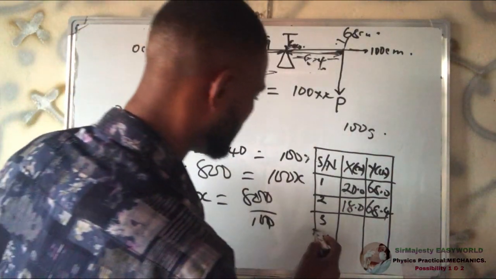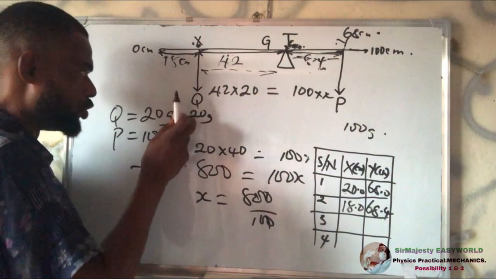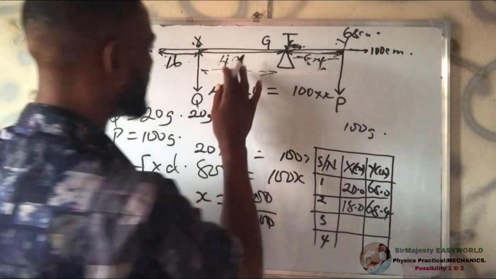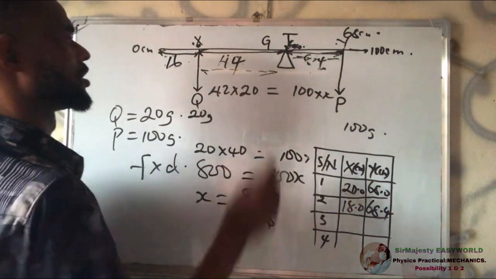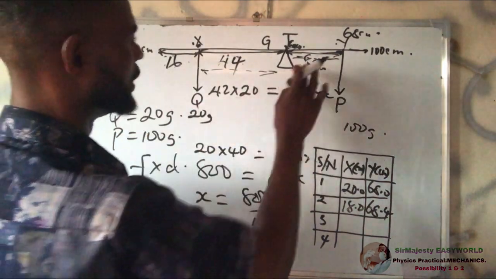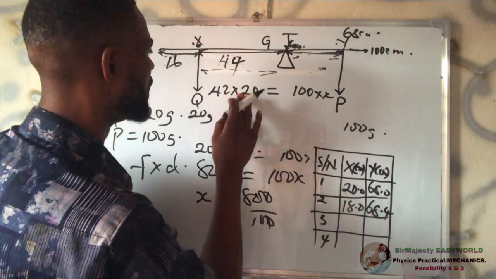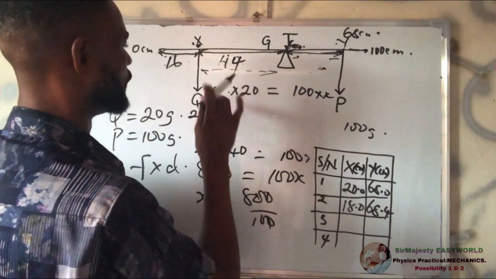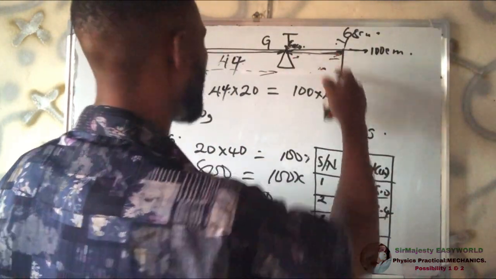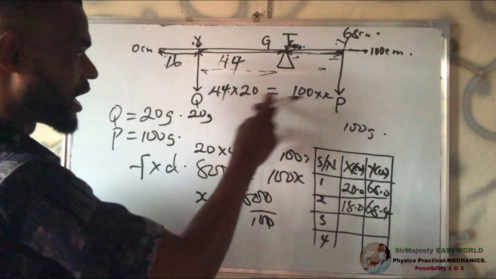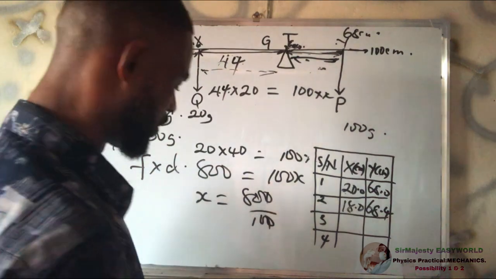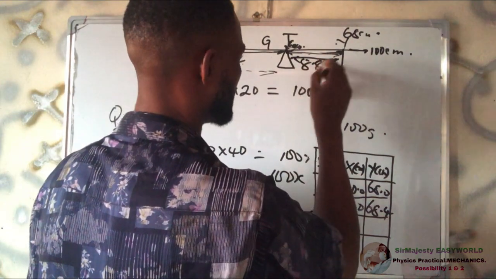Then after, take the mass q to the 16 cm mark. If you take it at 16, what will now be here? This one will now become 44, because 60 minus 16 gives 44. Then replace this with 44, multiply by the same mass, equals 100 times whatever you call here. After evaluating, x will give me 8.8 cm.